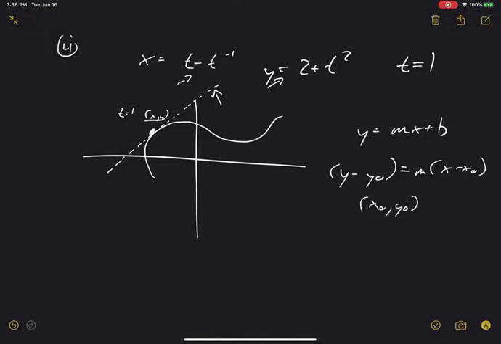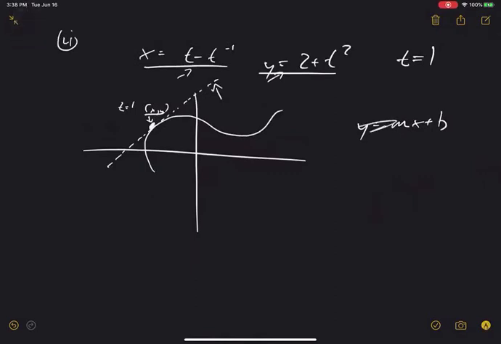Well, we know this xy point is on the tangent line, so we can plug t into these equations and find a point on our line. And if we find dy/dx, we'll have all the information we need to write a line in this form. And then all we need to do is rearrange to get slope-intercept form.